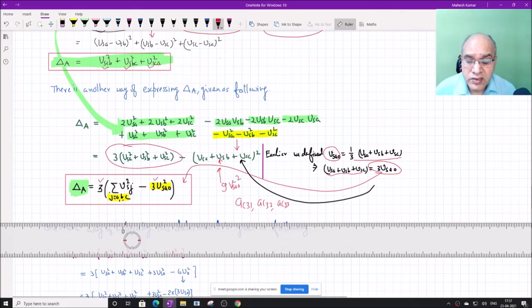So in the next class, I will discuss how to compute the cofactors and how to express the determinant in other forms also. Then extract the reference current and simplify it to get a feel for what is actually happening in the system. And then we will take one example and go to the next article of this particular section.